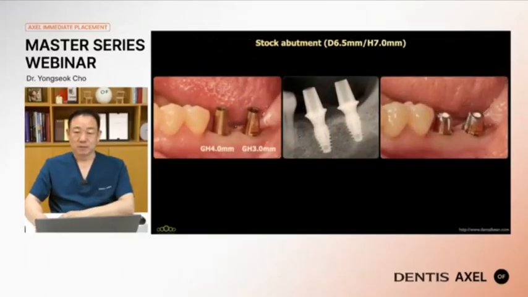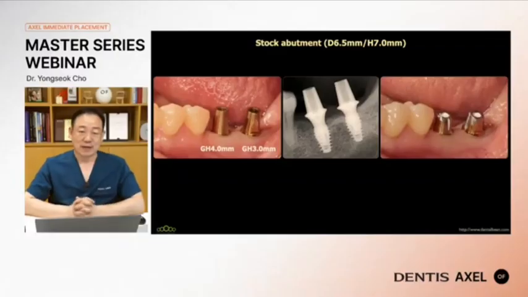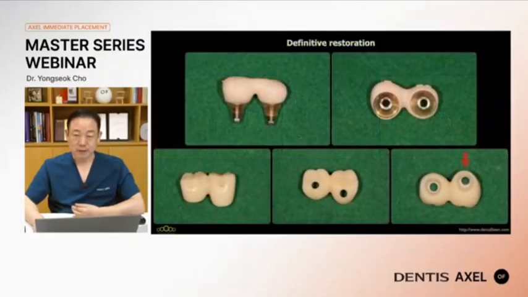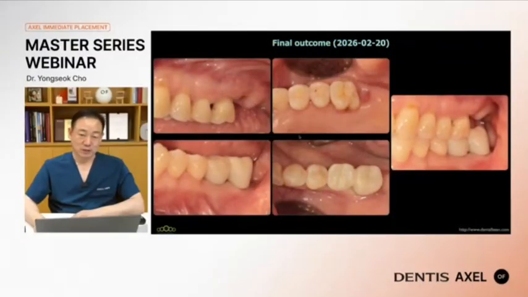Here, Dr. Kim used the stock abutment. When implant position and path is ideal, we can use stock abutment and simply continue restorative procedures. Here, final crown made and delivered to patient mouth like this.